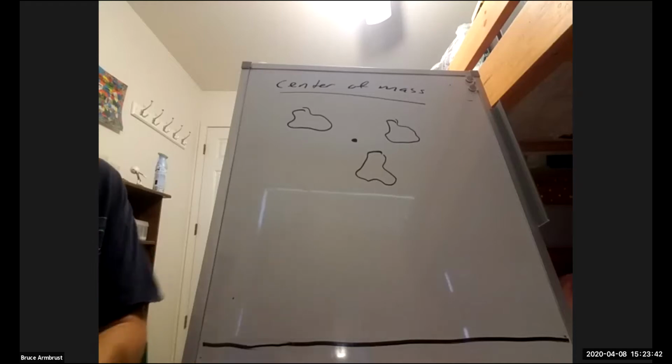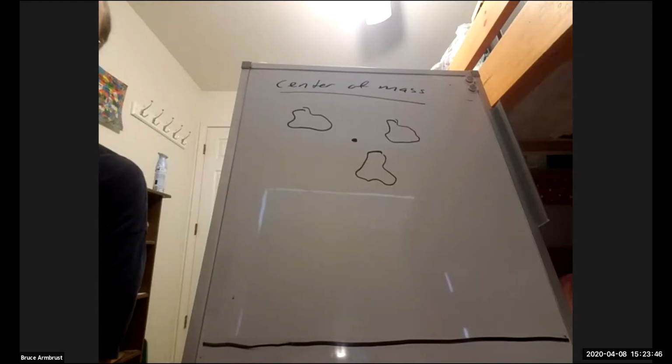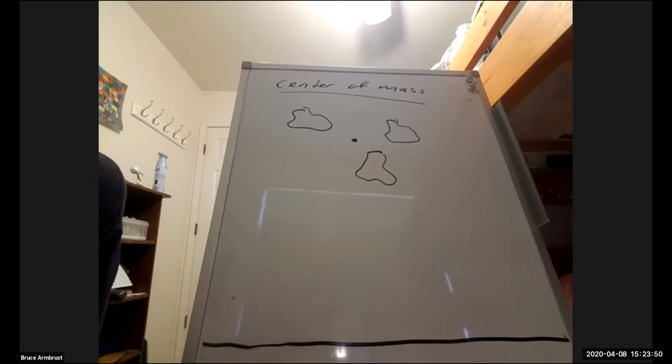Now, I'm not going to show you the derivation of why we can do this because it's really kind of boring, and I know it's in the book, but it's basically if you look at the individuals and you add up all their masses and do all that kind of stuff, you can actually hone in on one location that behaves as if it's the location of all of it at once.